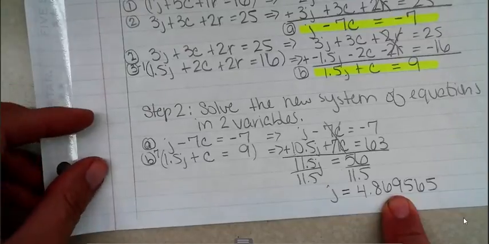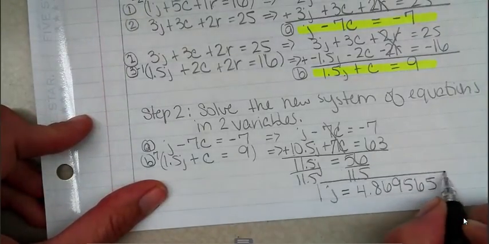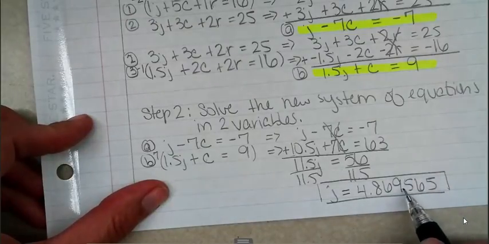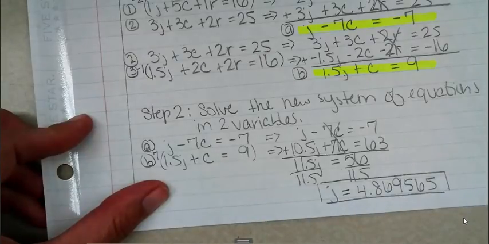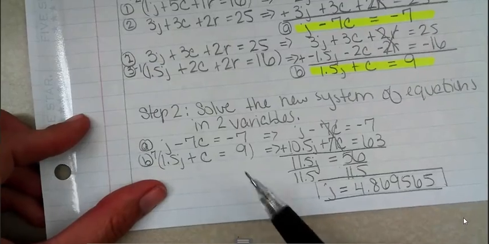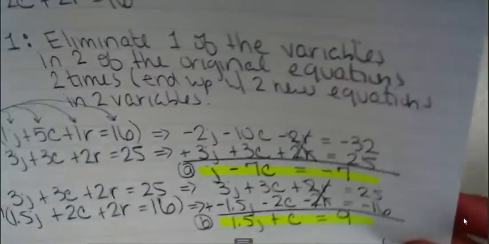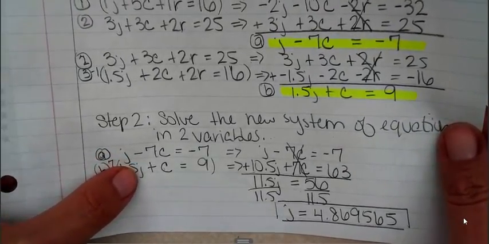Okay, so now what do I do? Well, now this is one of my answers, but can't I now take this and plug it back into either one of these 2 equations? And then I'll be able to figure out what c is. Okay, so I'm going to use the first equation. j minus 7c equals negative 7.